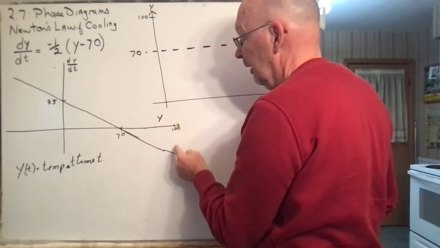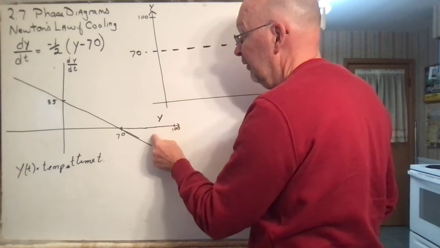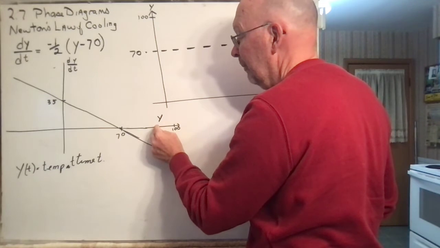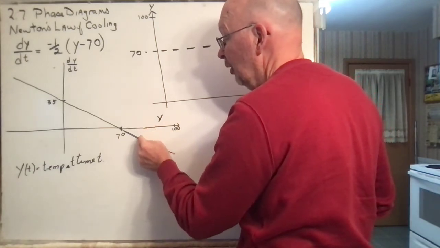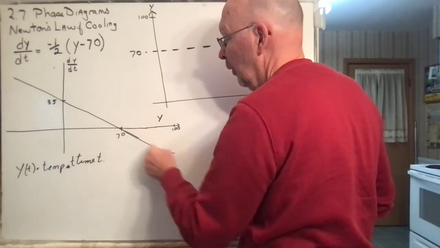But notice, here I'm decreasing faster because this is a larger negative number. Here, this is a smaller negative number, and so I'm not moving as fast anymore. As I go, I keep noticing that I have to keep decreasing because dy/dt is negative.